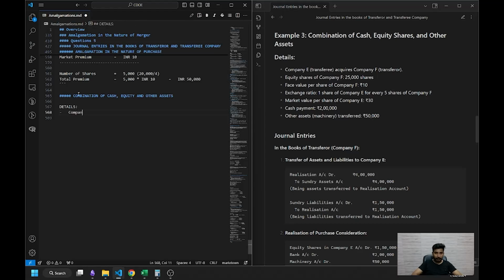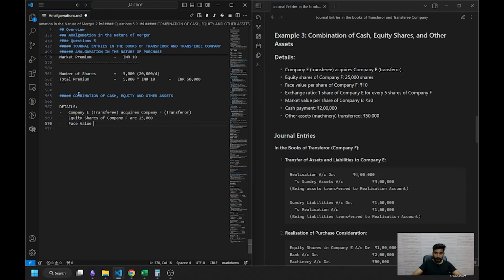The first detail says that the company E, a transferee company, acquires the company F, which is the transferor. Then the equity shares of company F are 25,000. The face value per share of company F is rupees 10.